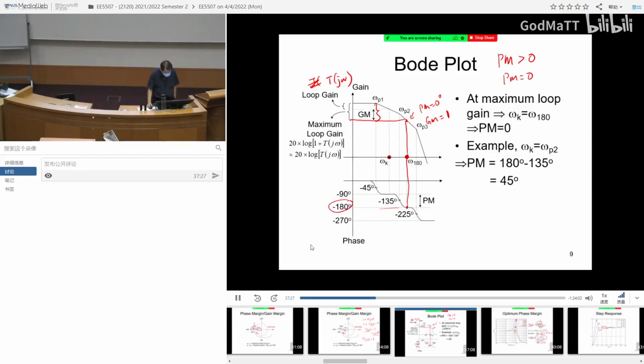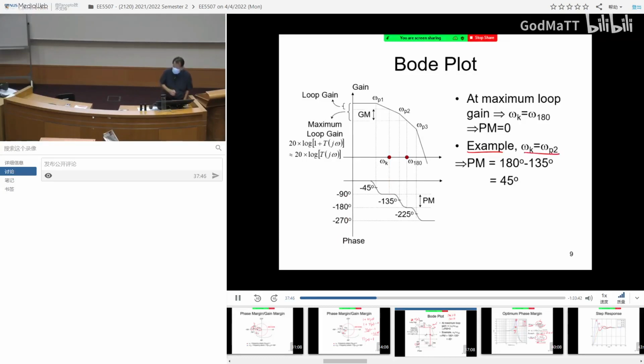Now, suppose, let's pick some frequency. Let's pick this guy. Okay? And if you pick this guy, sorry, did I pick this guy? No, sorry, I'm wrong. Let me remove. Here's the example.